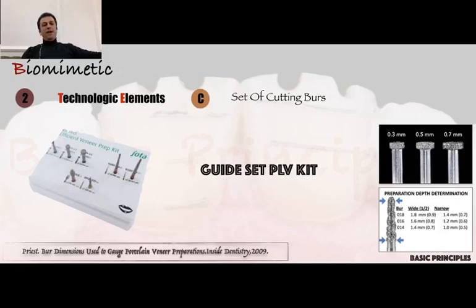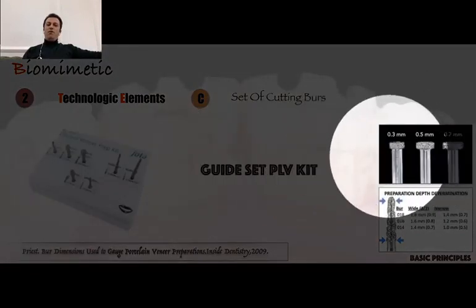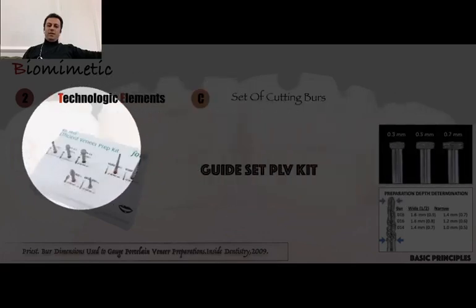So the final thing for the biomimetic technological element is the set of cutting burs. We said we should know the thickness of the enamel. So when you want to do that, you have to magnify with a microscope. What else should I know? I should have a special kit of burs of known diameter.